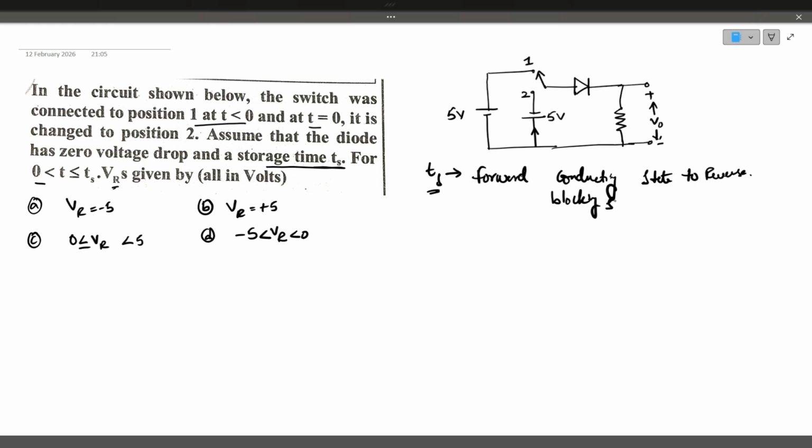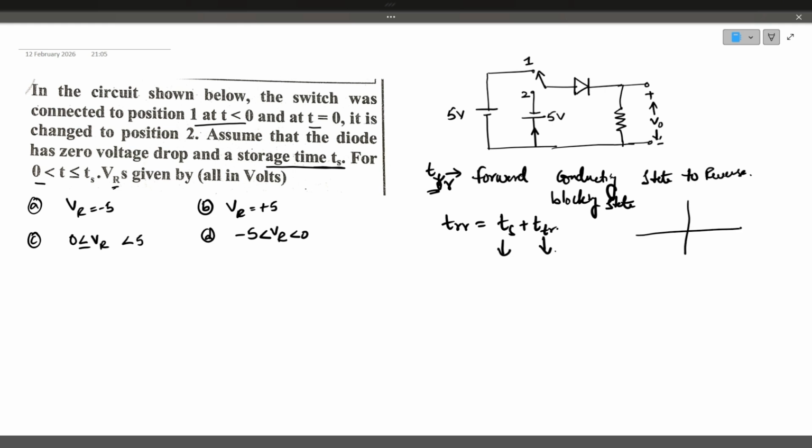Actually, this is the TRR, the reverse recovery time, which includes Ts plus TR. This is the storage time and this is the transition time.